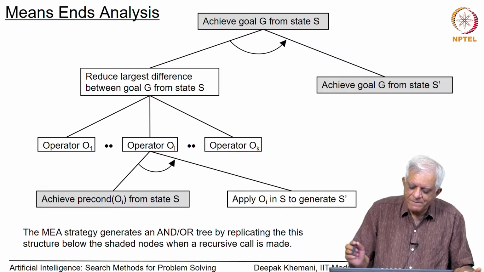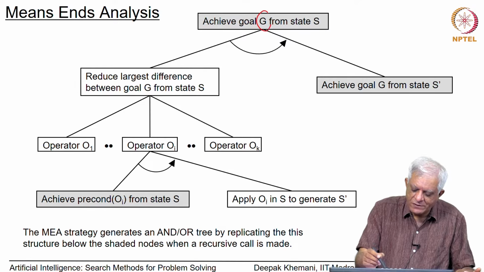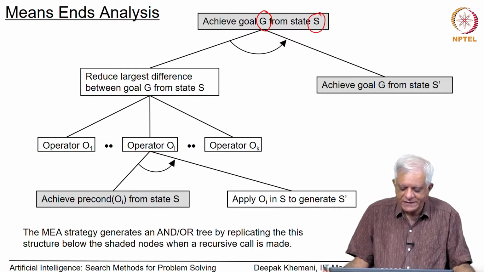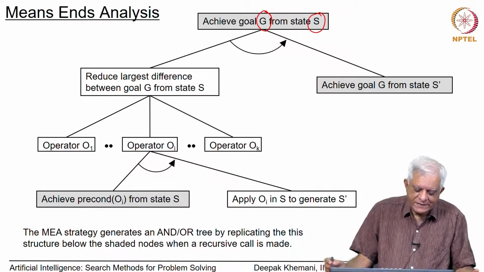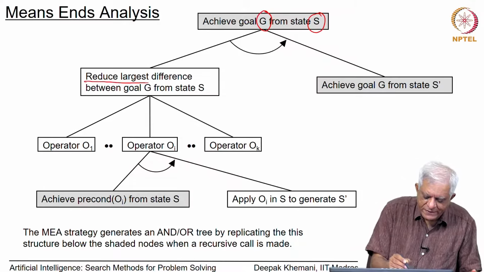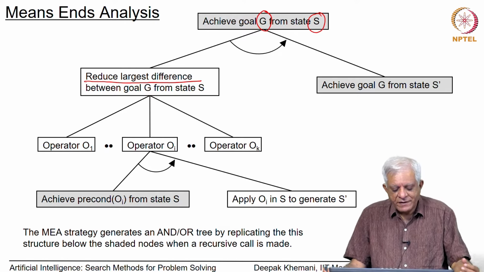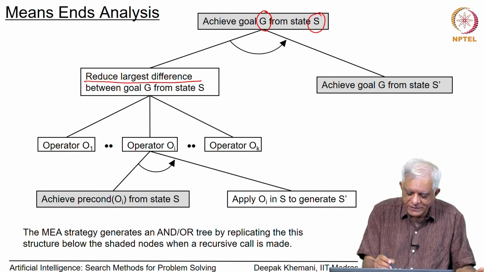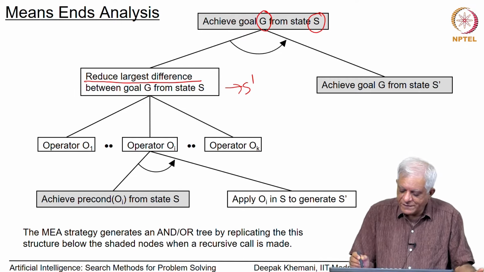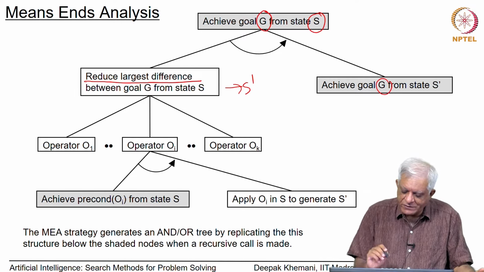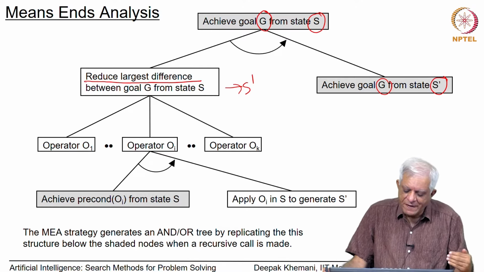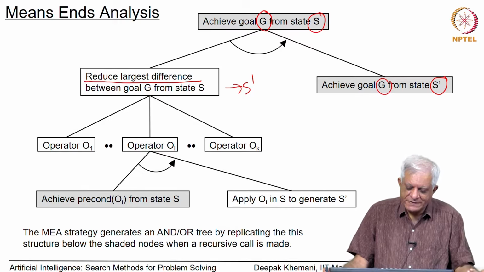If your main goal is to achieve goal G from state S, means-ends analysis says to reduce the largest difference between goal G and state S. After you have reduced the largest difference and gone to a new state S prime, you then achieve the same goal G, but in this new state S prime. What is S prime? S prime is the state after you have reduced the largest difference.